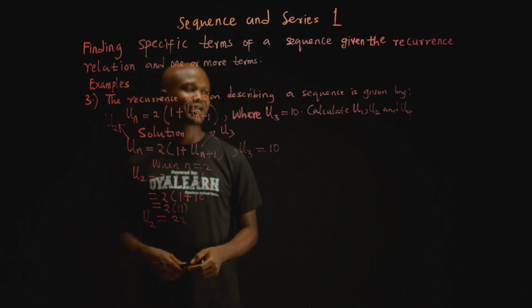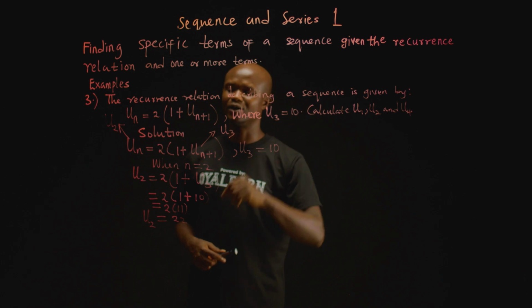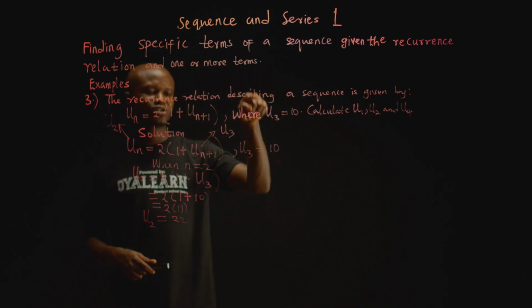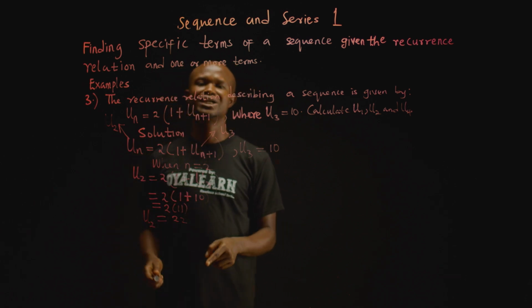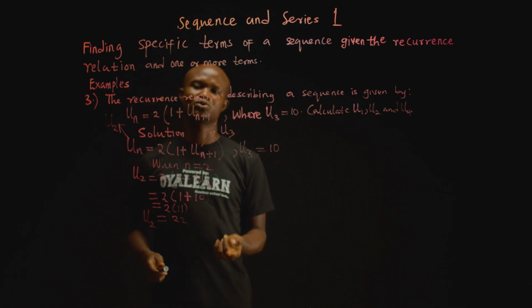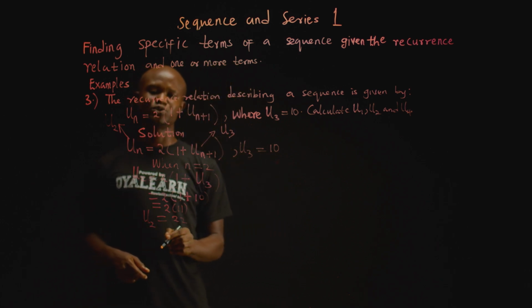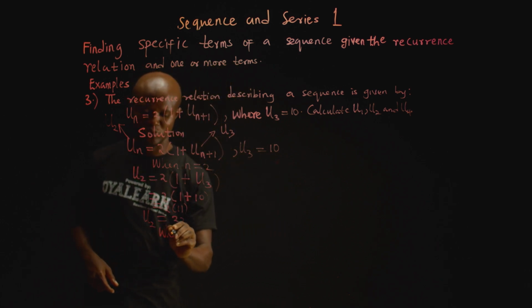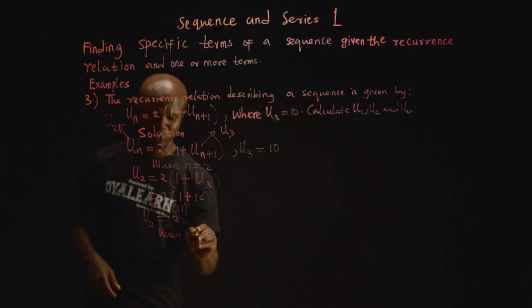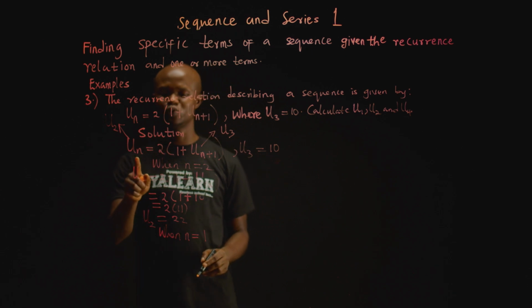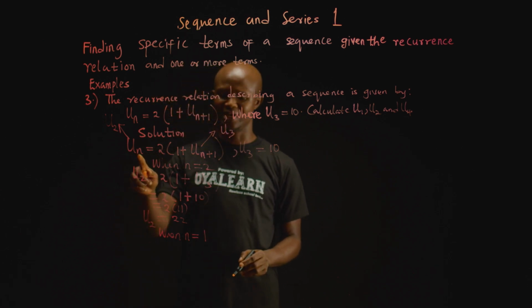Now, we need to get u_1. We used u_3 to get u_2, and now we can use u_2 to get u_1. For us to use u_2 to get u_1, we say when n equals 1, we get a formula for u_1 from here.